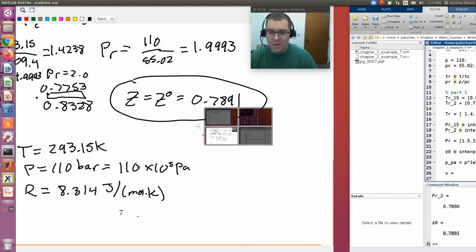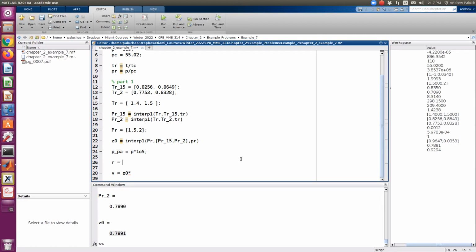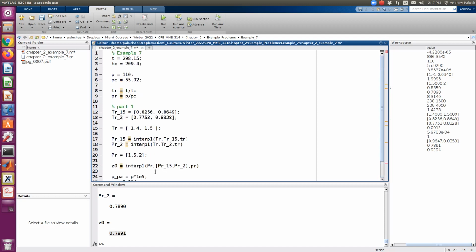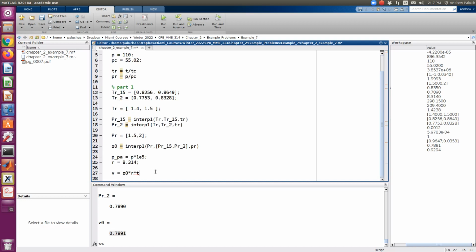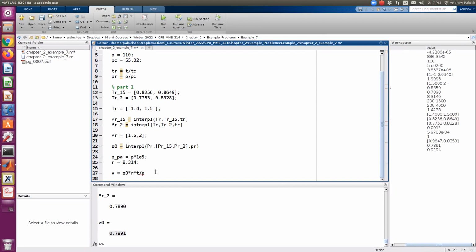Then V, as we just worked it out, will be Z naught times R in SI units, 8.314, times T, which is good, it's in SI units, and then P in pascals.